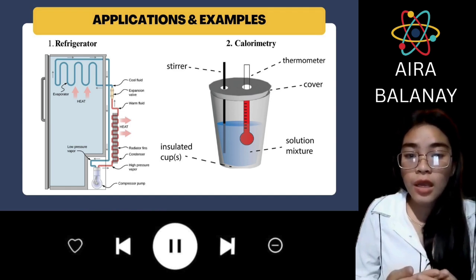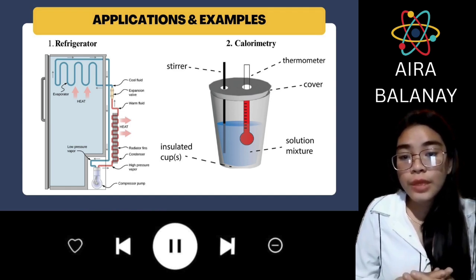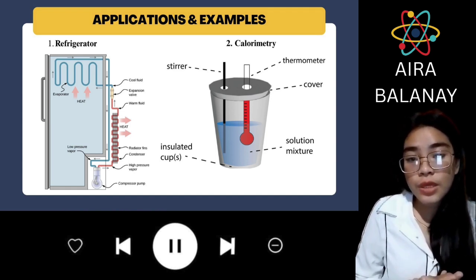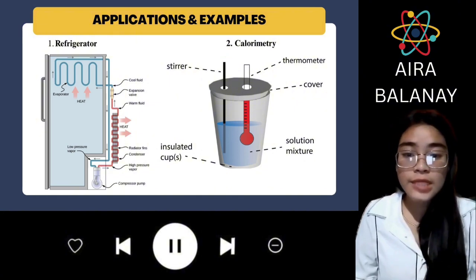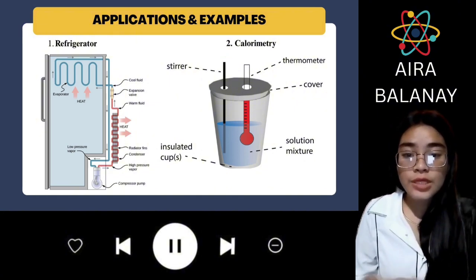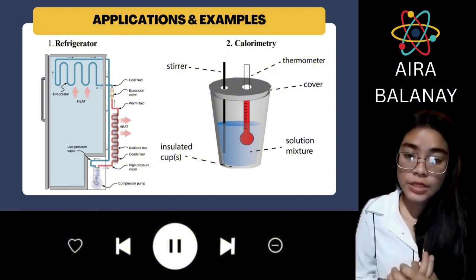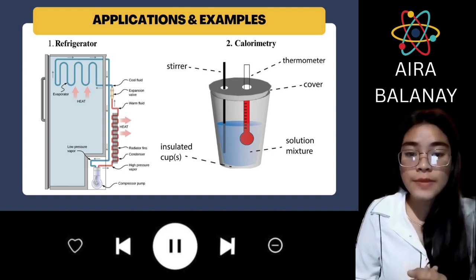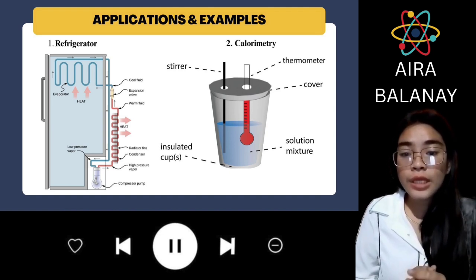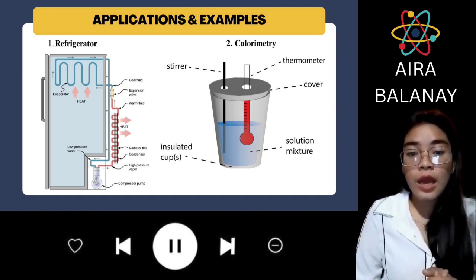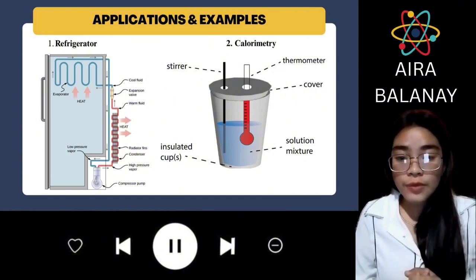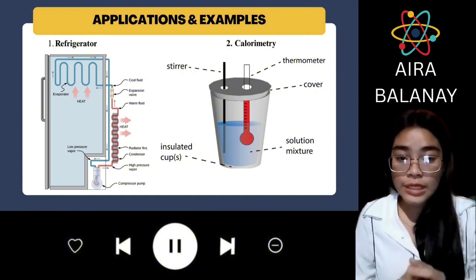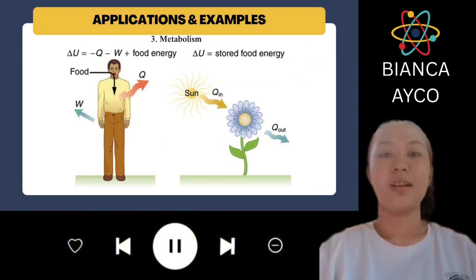A calorimeter is designed to minimize heat exchange with the environment, ensuring precise temperature changes in the mixture. The fifth one is the solution mixture. It is the substance undergoing the heat exchange, in either endothermic reactions absorbing heat or exothermic reactions releasing heat.